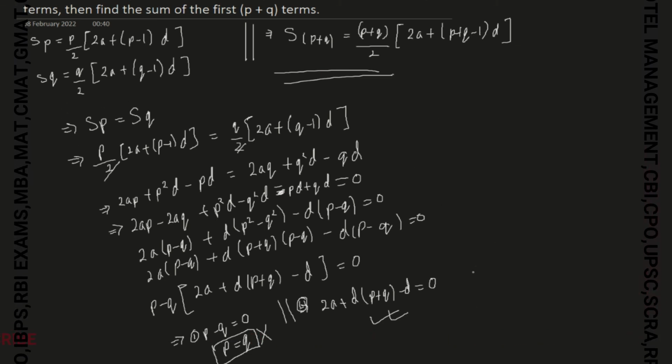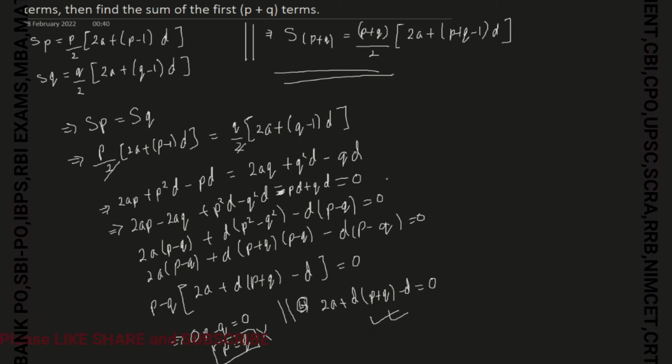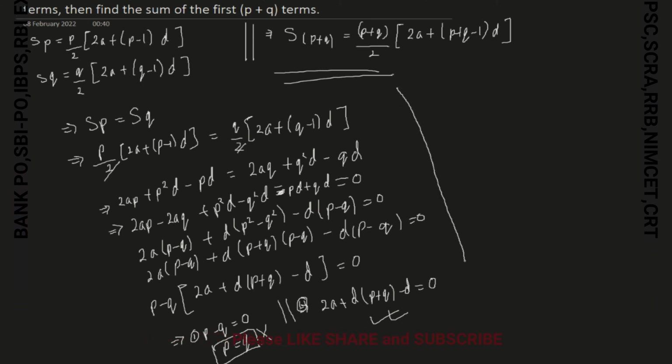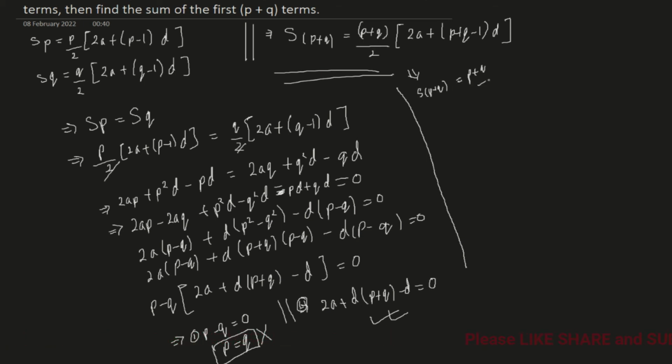So let's do something. Now we'll stop solving this at that position only. Let's solve this. Given is S of P plus Q equal to P plus Q upon 2. Let's solve this. What we'll get is 2A, I'm sorry, here multiplication will be there.